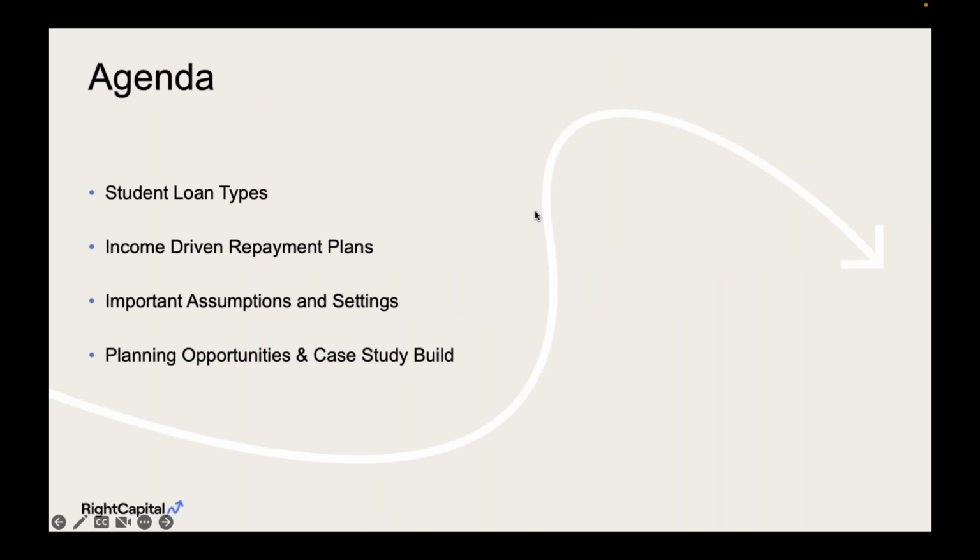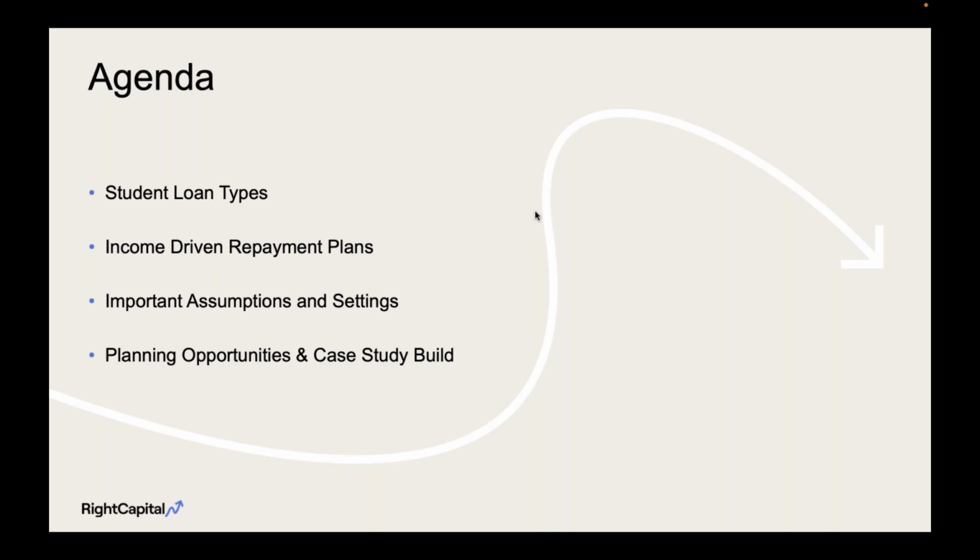Ultimately, we know that there are different types of loans out there, both federal and private institutional loans. There are also different types of repayment plans, whether it's a standard repayment plan, a graduated repayment plan, or one of the income-driven repayment plans.